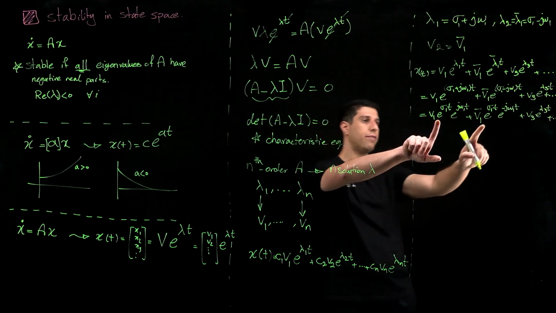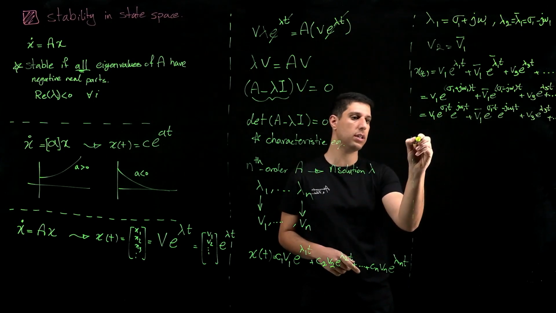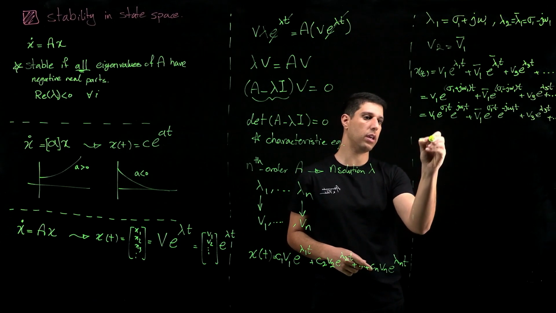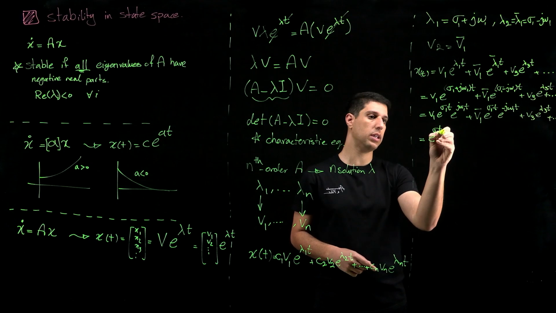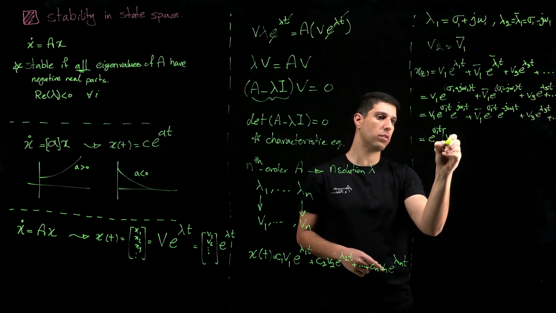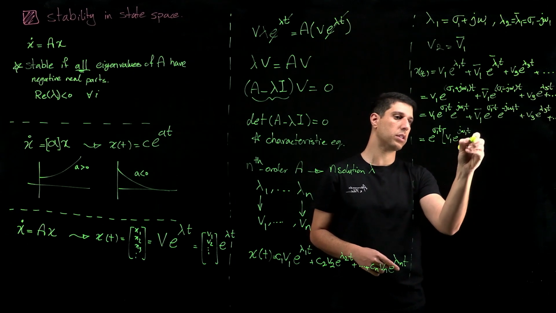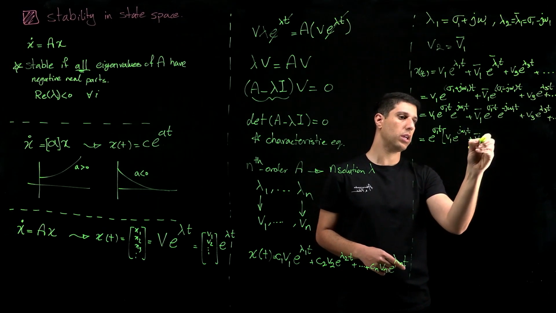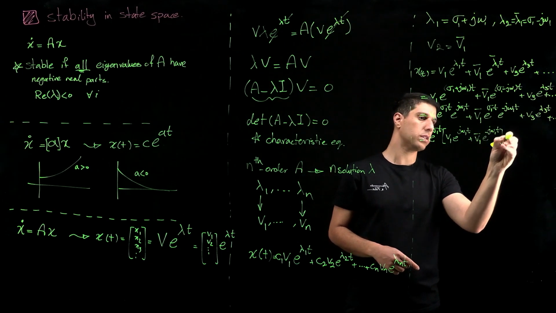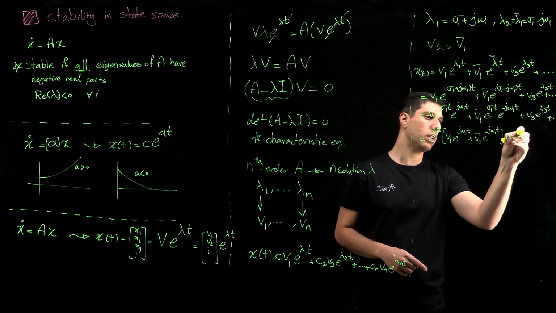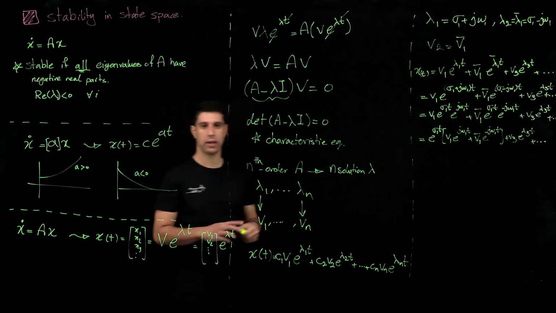And now I can factor out e to the sigma 1t.